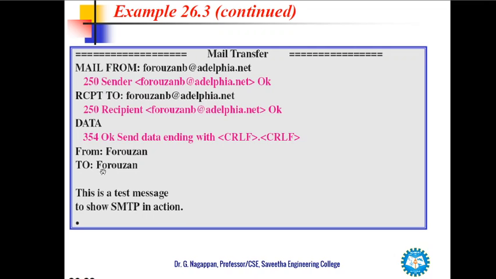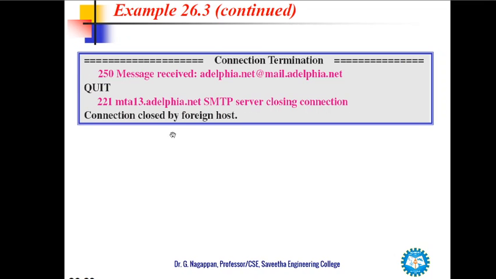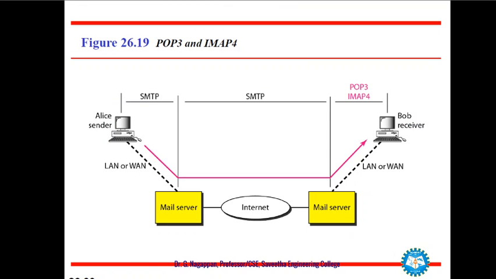Now we are typing the data and finally a dot to denote the end of the data. And after the message is received, when we type quit, 221, it quits and closes the connection, and the connection is closed by foreign host. So this is how a mail is sent using SMTP.